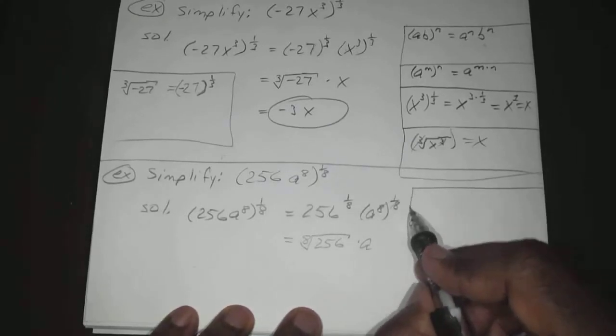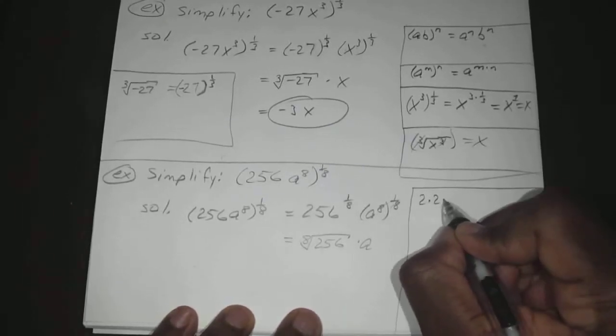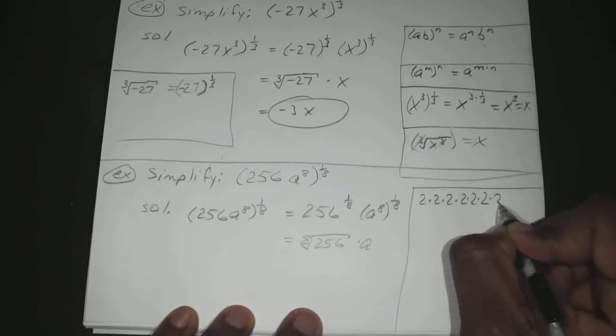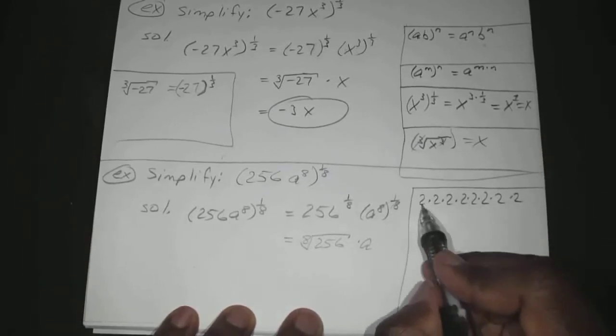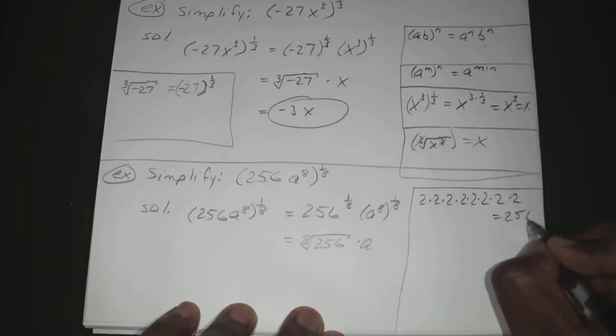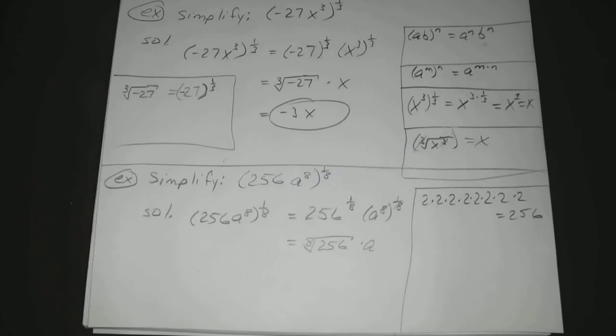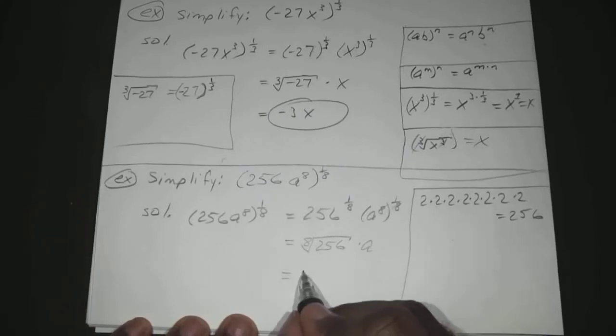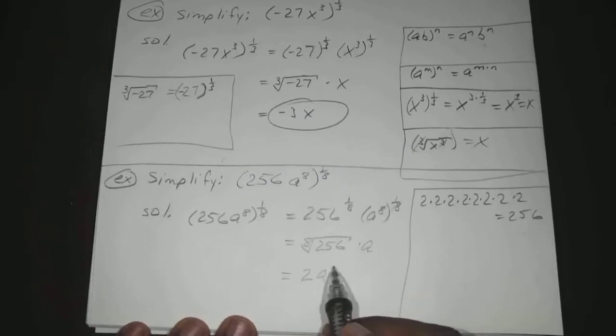Okay, and we know that 2 times 2 times 2 times 2 times 2 times 2 times 2 times 2, that's 1, 2, 3, 4, 5, 6, 7, 8, equals 256. You may not know it off the top of your head, but you can easily figure it out. So we know that is just 2 times a.